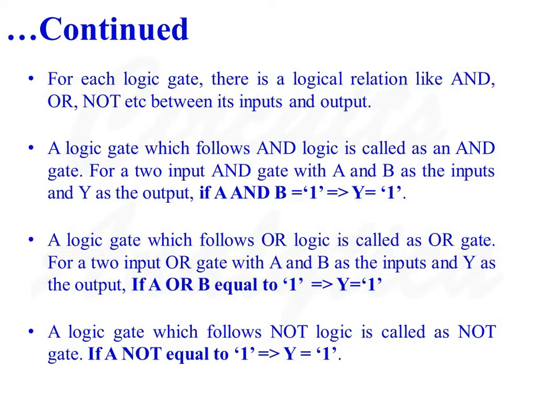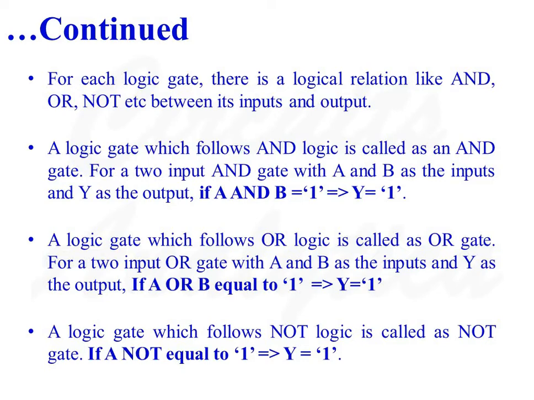A logic gate which follows OR logic is called an OR gate. For a two-input OR gate with A and B as the inputs and Y as the output, if A or B is equal to 1, then Y is equal to 1, else Y is equal to 0.